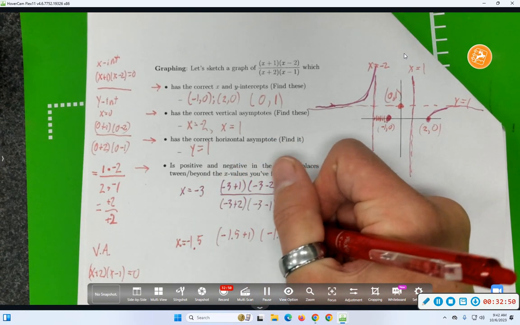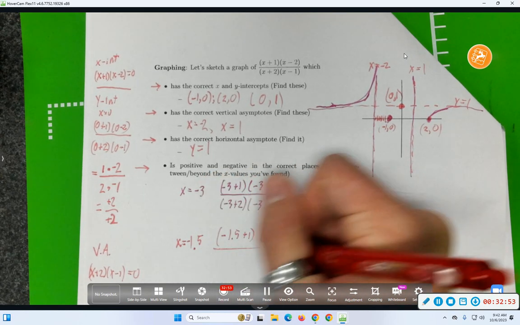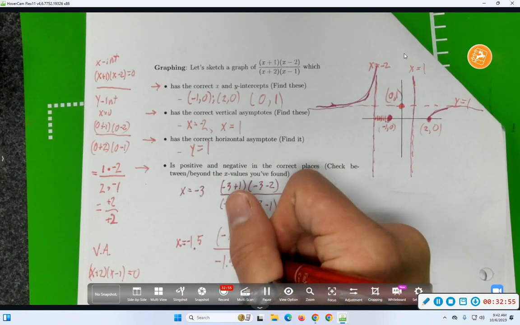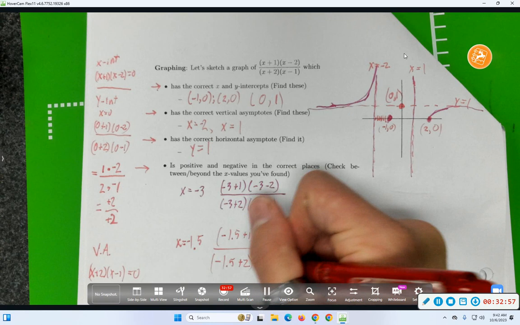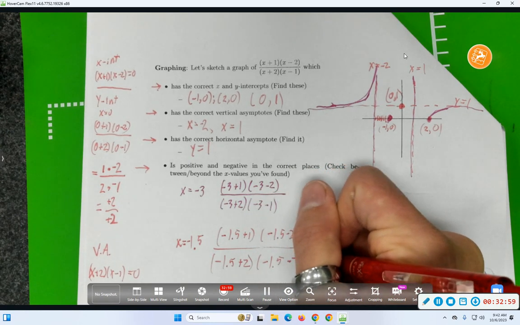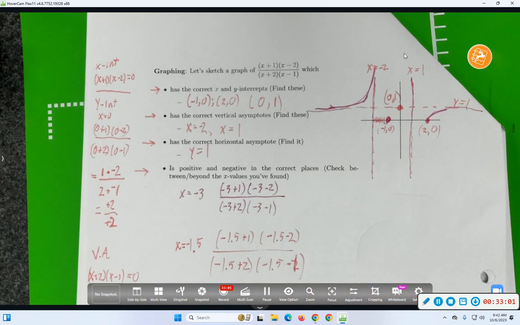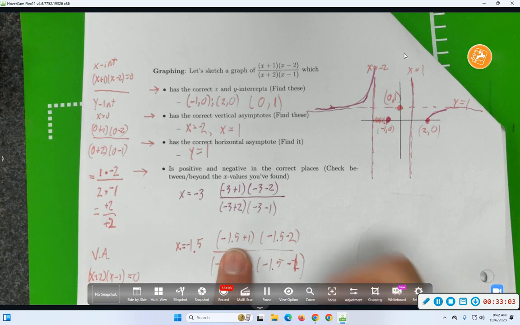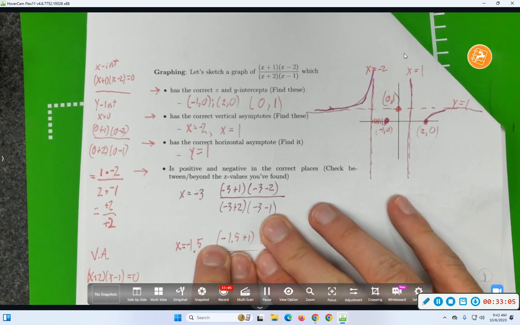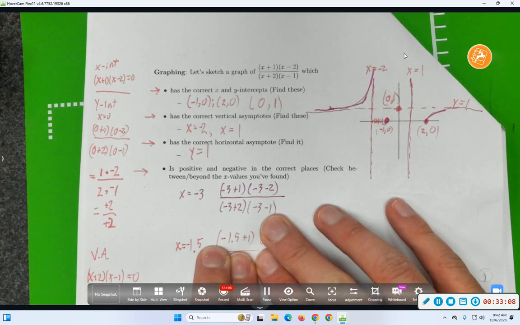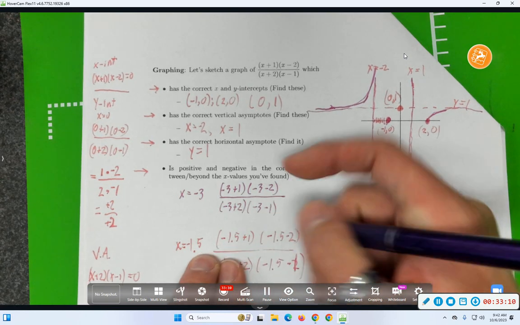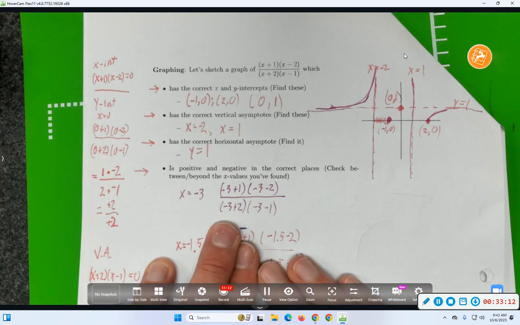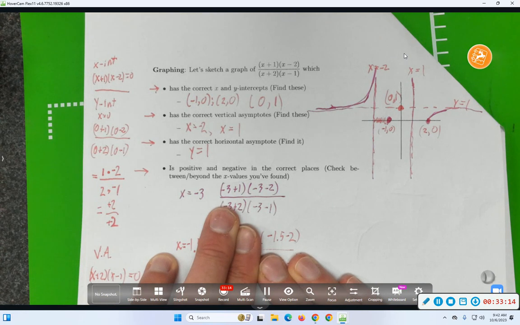Negative 1.5 minus 2, divided by negative 1.5 plus 2, negative 1.5 minus 1. Just this piece, negative 1.5 plus 1. Positive or negative? Negative, because negative 1.5 wins. Negative 1.5 minus 2.